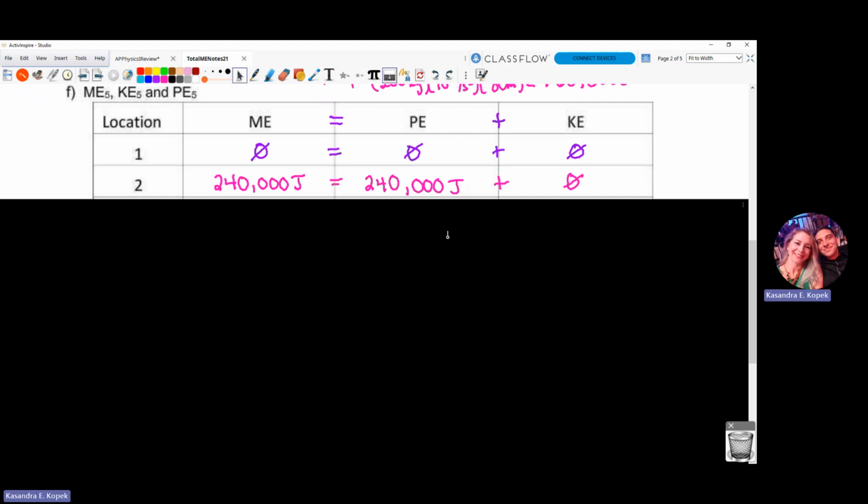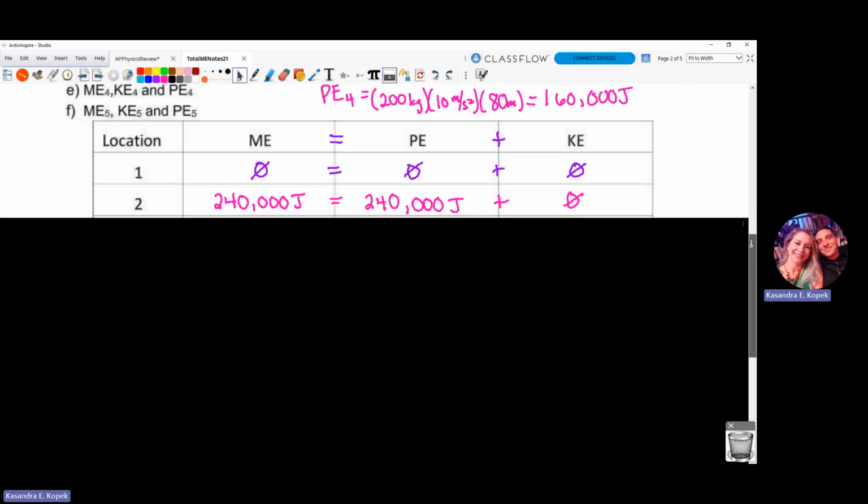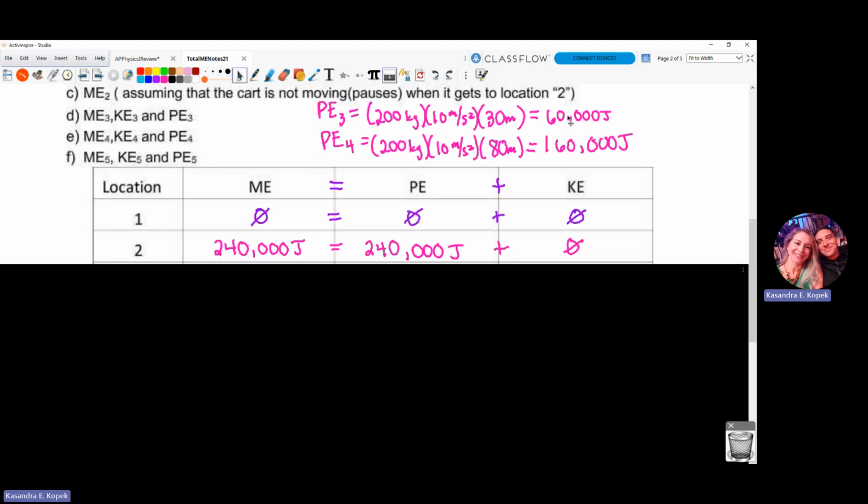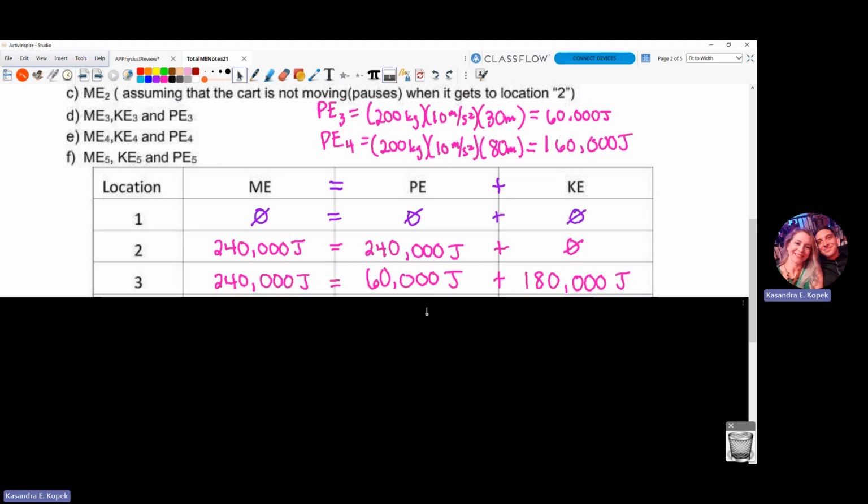As it goes down the hill, the potential energy is decreasing, and we calculated the potential energy at 3 to be 60,000. We know that's less than 240,000, so that's decreasing. Remember, where did that other energy go to? It's going to kinetic. So we know if the total is 240, we have 60 of potential.